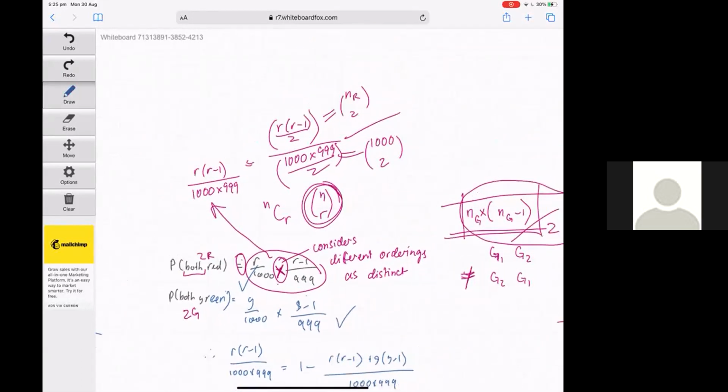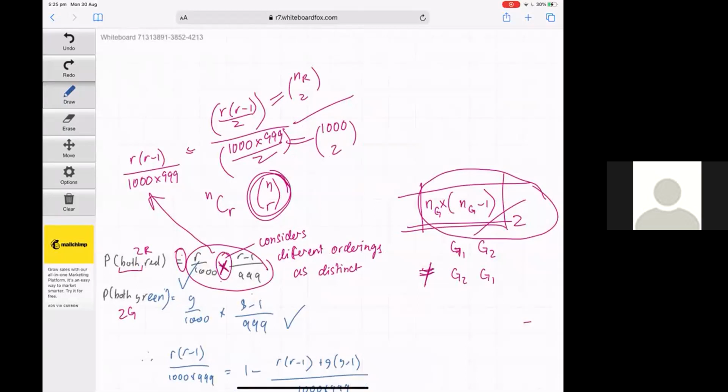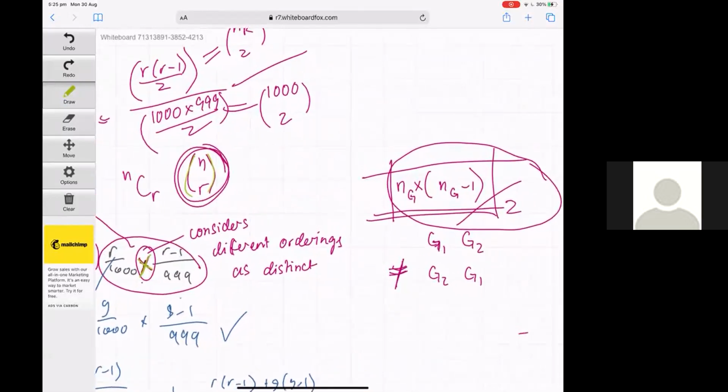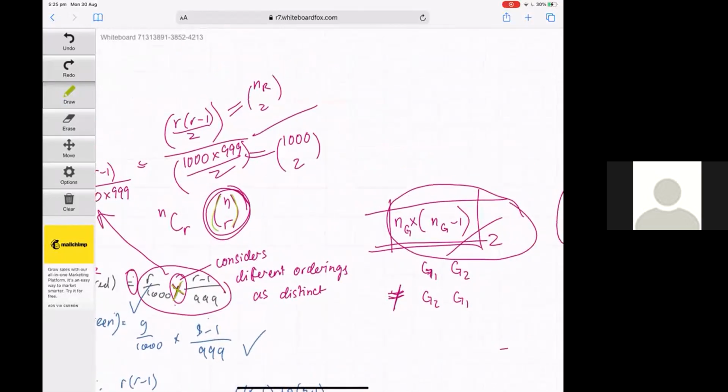But I would caution against easily interchanging multiplication like this for nCr. I would encourage you to keep in mind whether accounting for order is going to affect the outcome of the question.